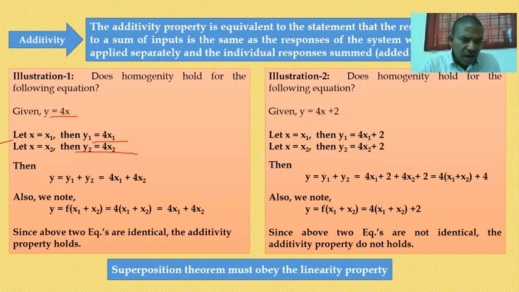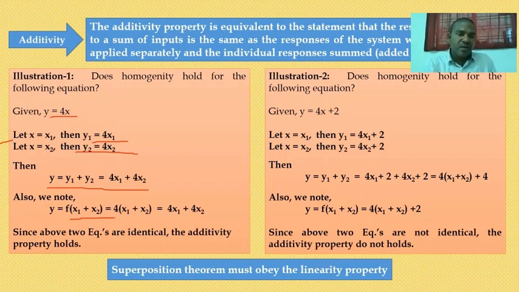Then the overall response y is equal to y1 plus y2. So that is equal to 4x1 plus 4x2. So now you can write the y value as a function of x1 plus x2, or 4 times x1 plus x2. Here 4 is a common value.